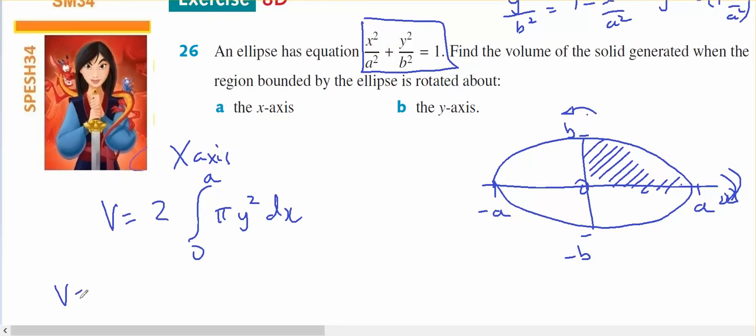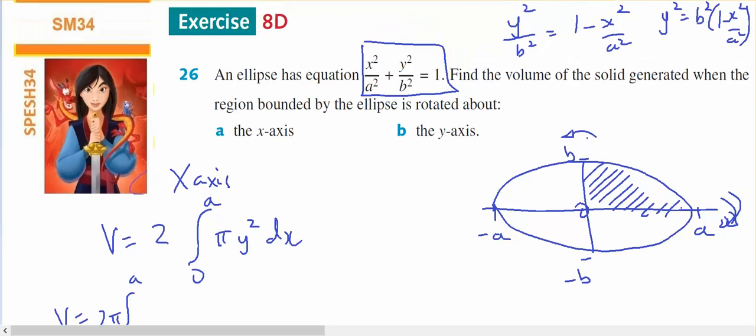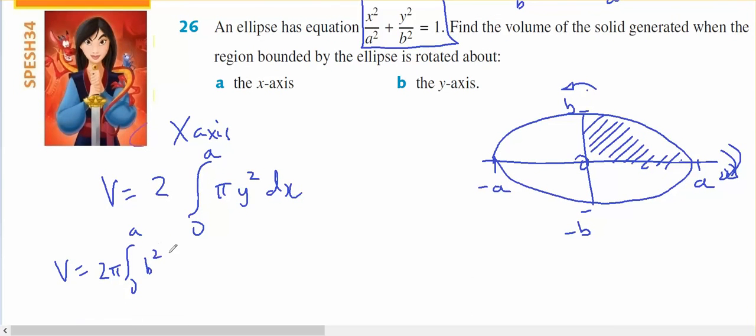So the volume is going to equal 2 times the integral from 0 to a. I'm going to put a pi out there as well, and that will give me b squared times 1 minus x squared on a squared dx.